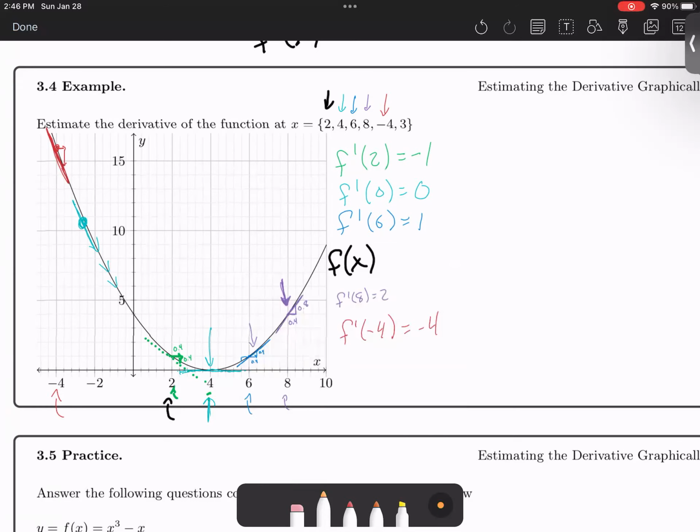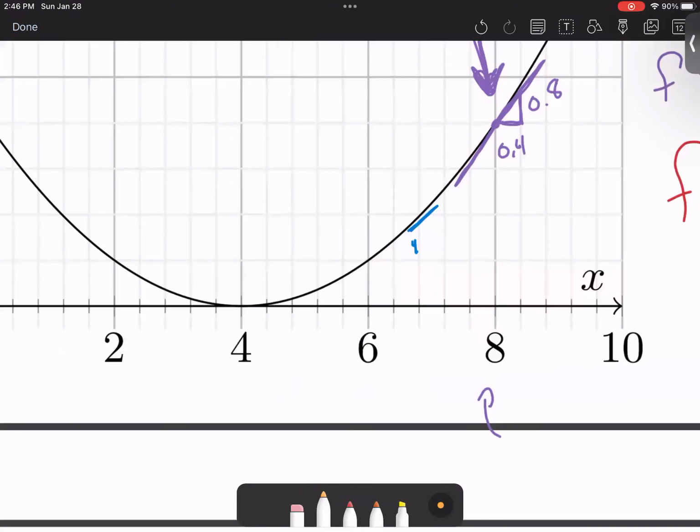And then our last point at 3. So let's clear off the board and zoom in on the x value of 3. So immediately, by looking at the tangent line, we know that the function is decreasing. The tangent line has a negative slope, so the value of the derivative is going to be negative. We know that f prime of 3 is going to be below 0.